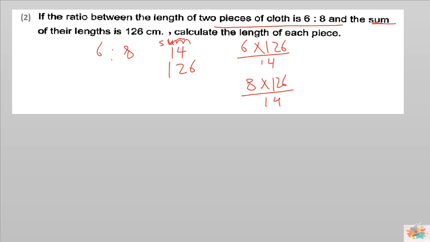So the first one is 54 and the second one is 72. And indeed, if we add them, 4 plus 2 is 6 and 5 plus 7 is 12, it really gives us 126 centimeters.